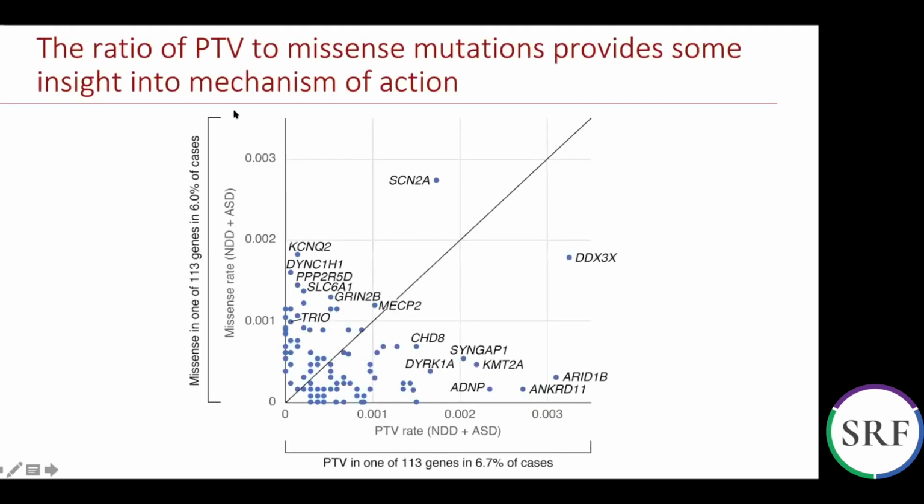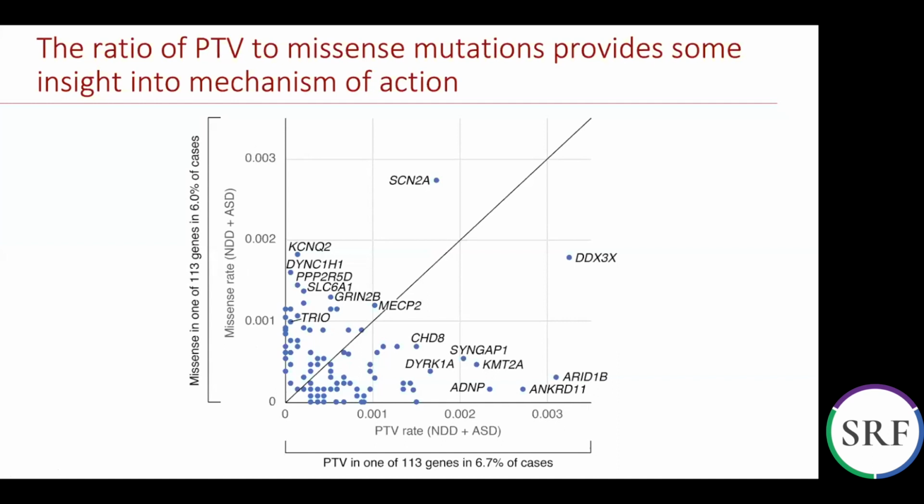So the first question to ask is, does the mutation increase or decrease the function of the gene? A simple way of asking this is to plot, on the x-axis going along the bottom, the number of mutations which are protein truncating variants, which means you're missing one copy of the gene, versus the number of mutations which are missense, which means you're altering the function of the gene.